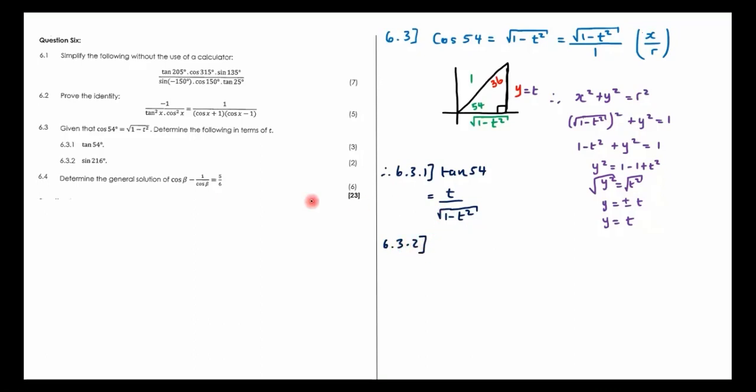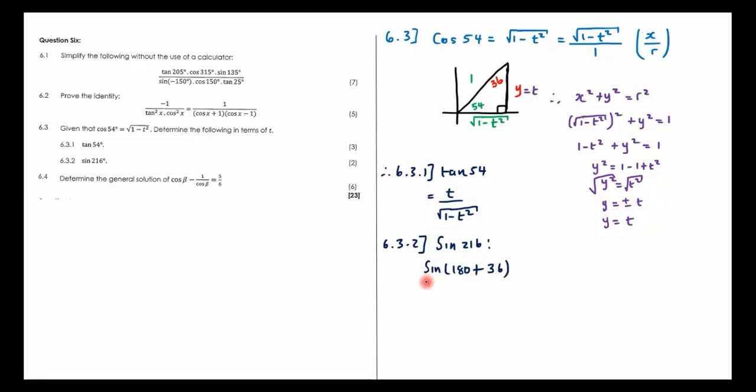6.3.2, and now we have sine 216. Now is 216 in there? No. So what does that mean? It means we need to reduce this. Now in which quadrant do we find 216? 216 is between 180 and 270, so that's the third quadrant. In the third quadrant, we know that 216 is going to be 180 plus something. So what number do we add to 180 to get 216? That is 36.